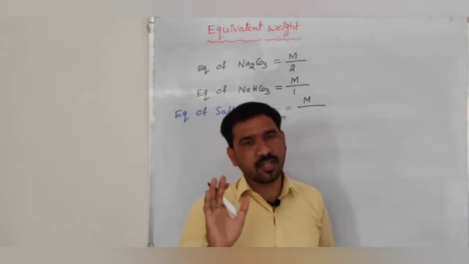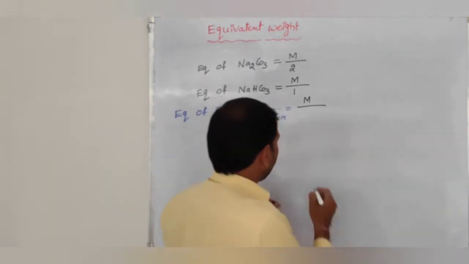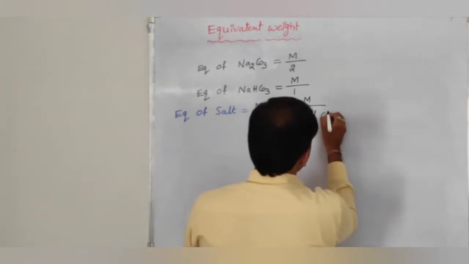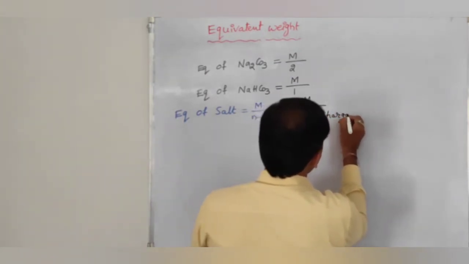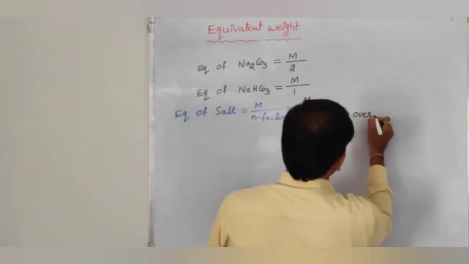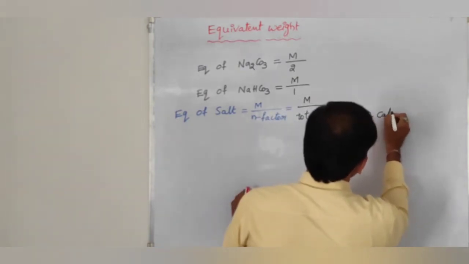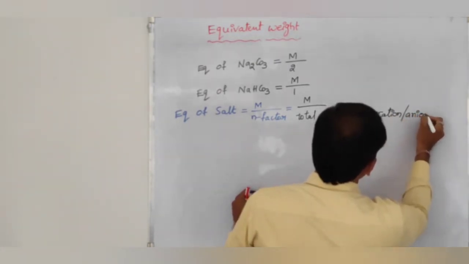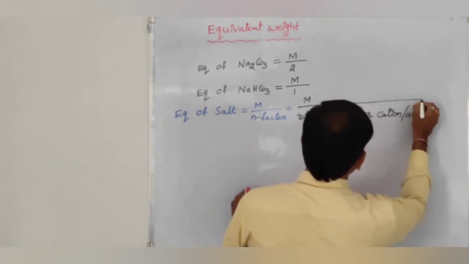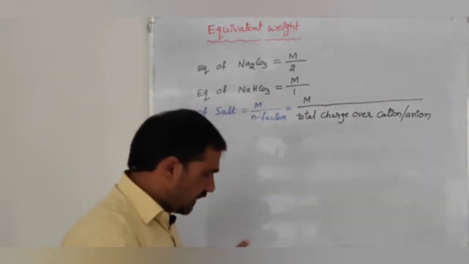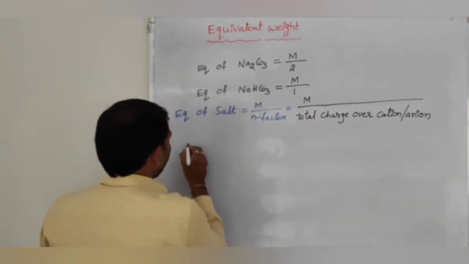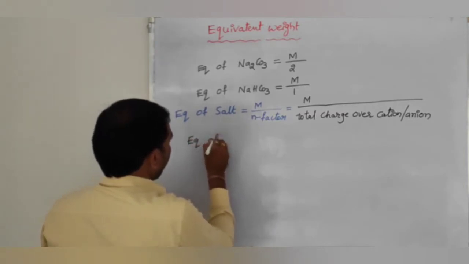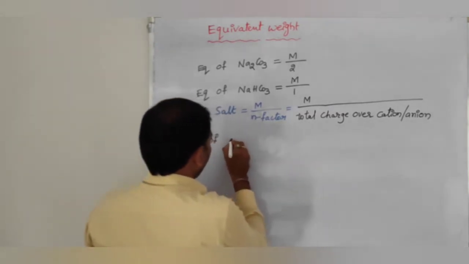Any one of them we can consider, don't consider both, right? Total charge over cation or anion. So this is the n factor in terms of a salt we can consider. Let me discuss an example. Here, beta, the equivalent weight of NaCl.